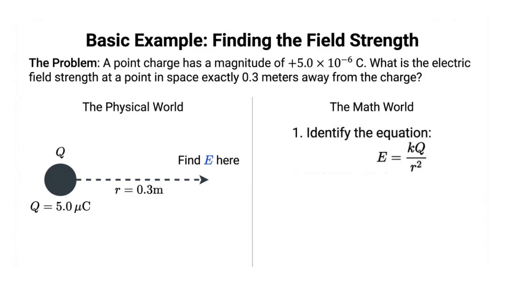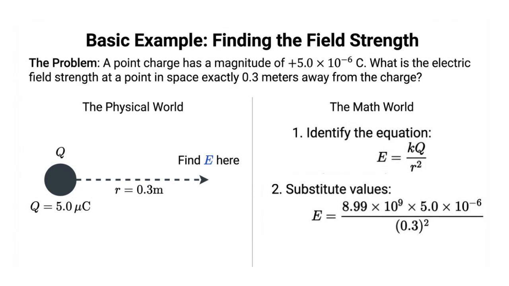To solve this, we start by identifying the relevant equation for the electric field, which is E equals K times Q divided by r squared. Next, we substitute the given values into the formula. K is 8.99 times 10 to the 9th, Q is 5.0 times 10 to the minus 6, and the distance is 0.3 meters.